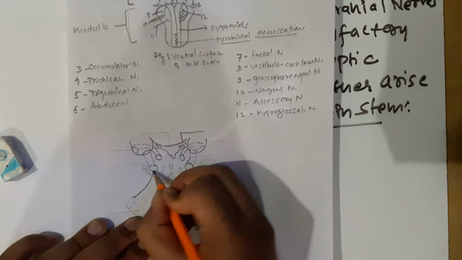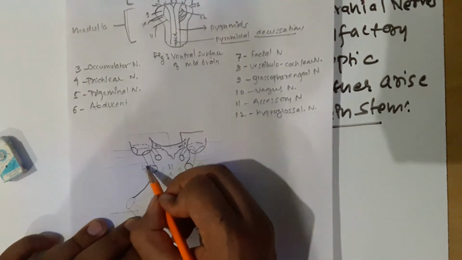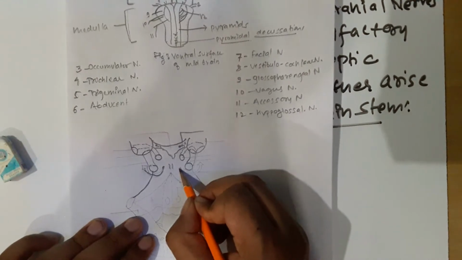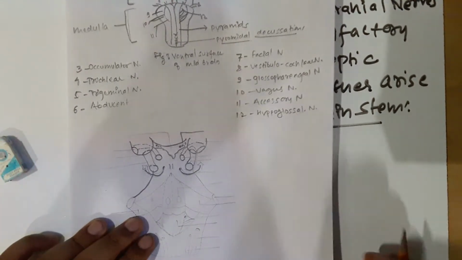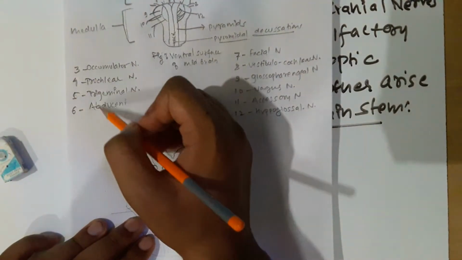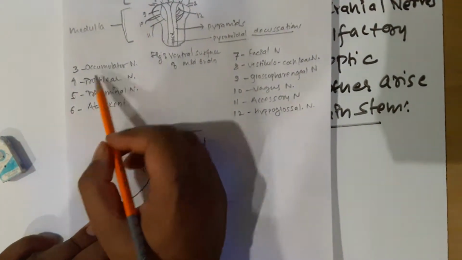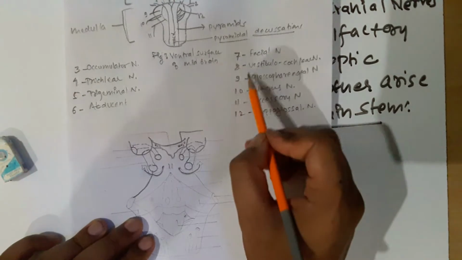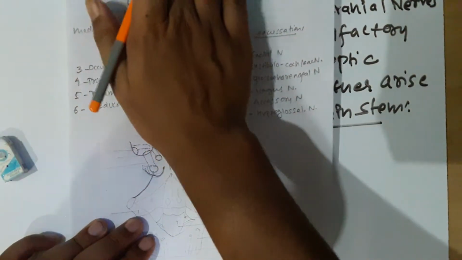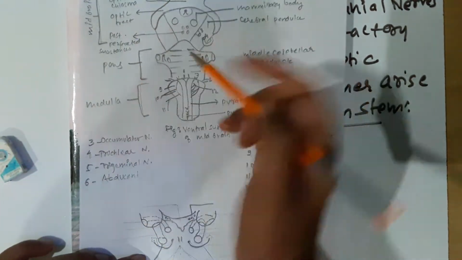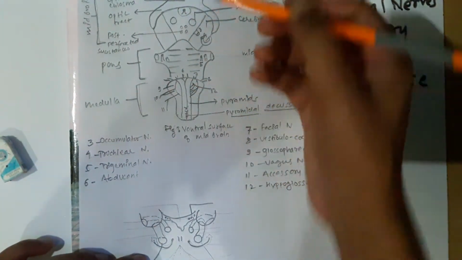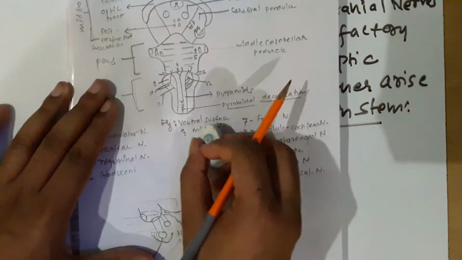So this is the trochlear nerve. One thing you should remember is that all the cranial nerves arising, 3rd, 5th, 6th, 7th, 8th, 9th, 11th, 12th, all these nerves arise from the ventral surface of the brain stem.